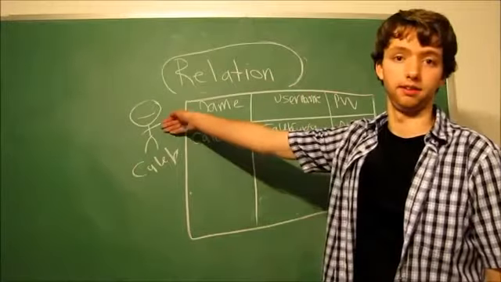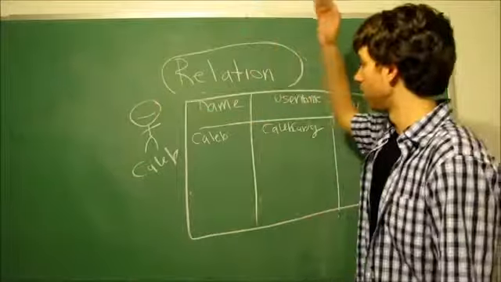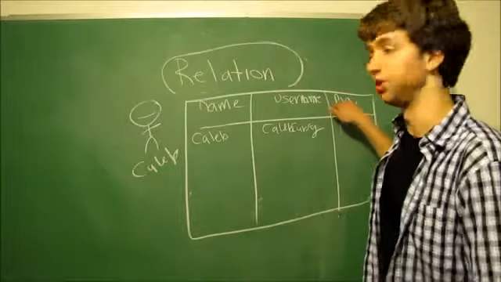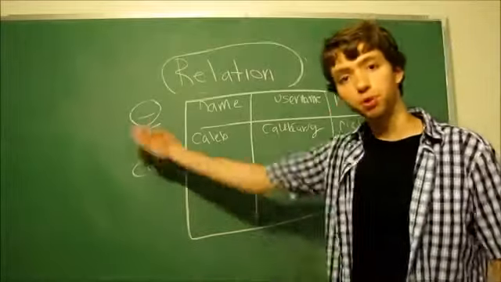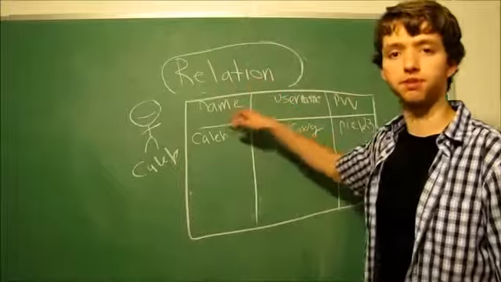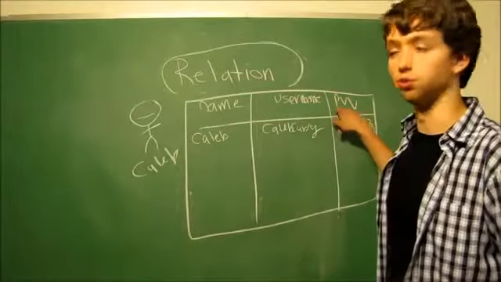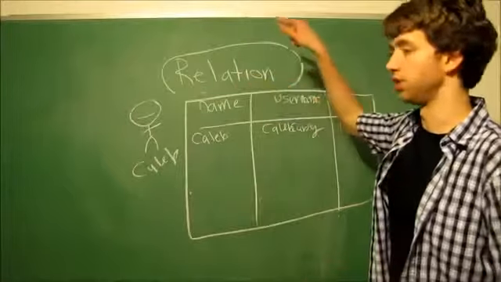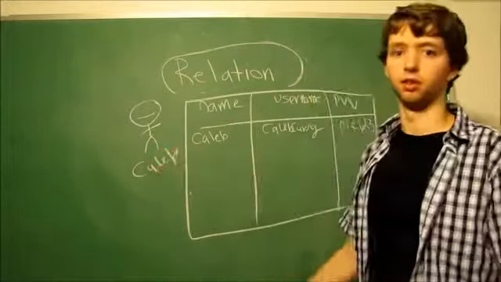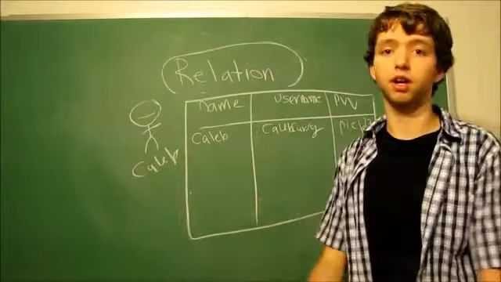This guy is the entity that we're storing information about. These are the attributes that we need to store about this person or any other person. So we enter specific values for each one of these attributes to make the relation between the attributes and the entity. Hopefully that makes somewhat sense, and if it doesn't, don't freak out.